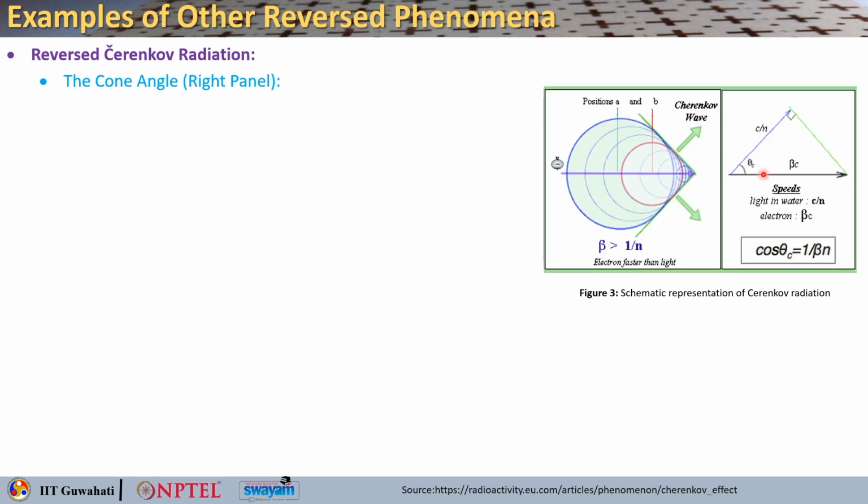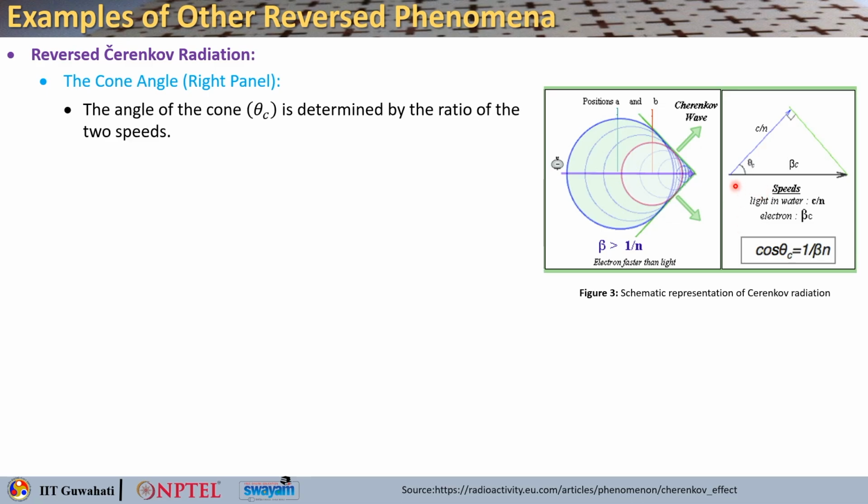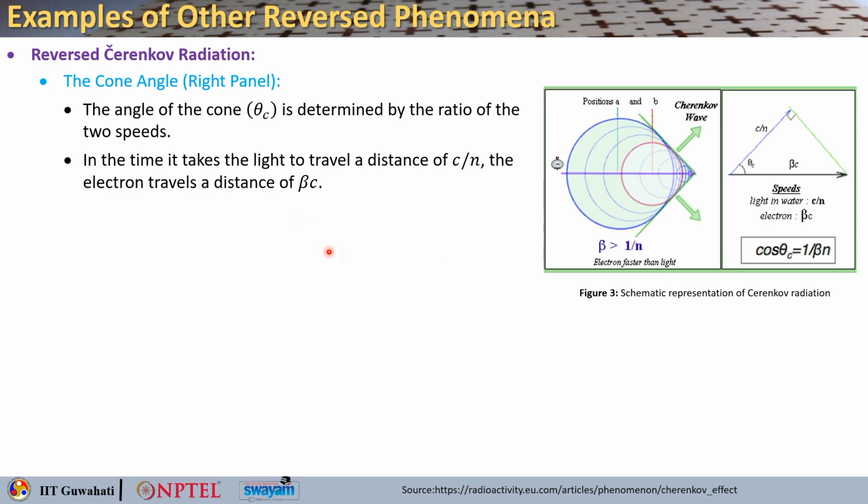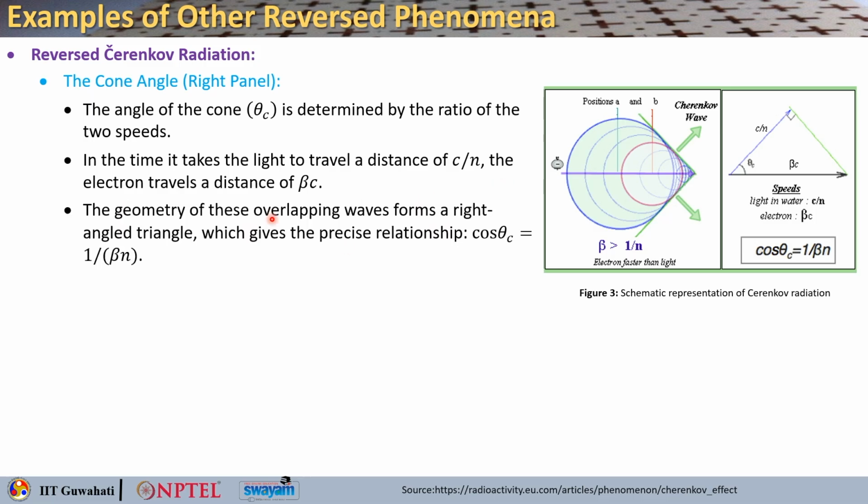On the right-hand side you can also see that you can determine the cone angle. The angle of this cone is determined by the ratio of the two speeds. In the time it takes light to travel a distance of c/n, the electron travels a distance of βc.